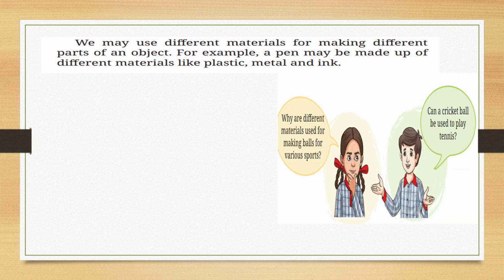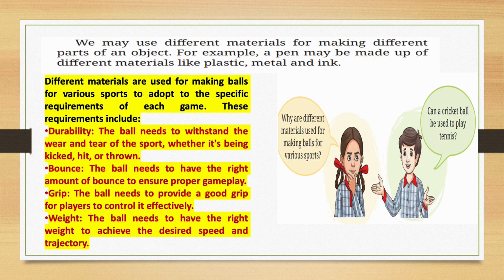Why are different materials used for making balls for various sports? Different materials are used to adapt to the specific requirements of each game. These requirements include durability. Durability means the ball needs to withstand the wear and tear of the sport, whether it is being kicked, hit, or thrown. The next one is bounce.